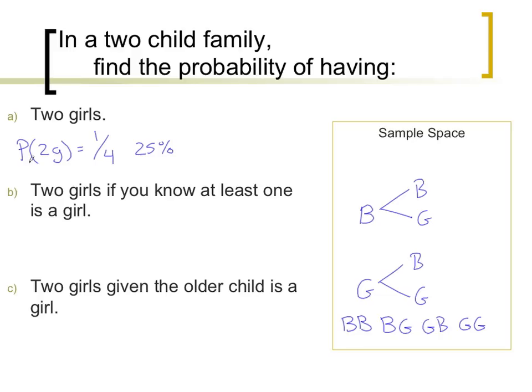So this is really not a conditional probability problem. In letter B, it says two girls if you know at least one is a girl. Now in this case, this is a condition. So we're looking for the probability of the family having two girls given at least one is a girl.